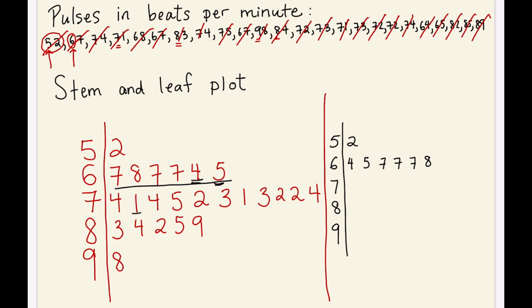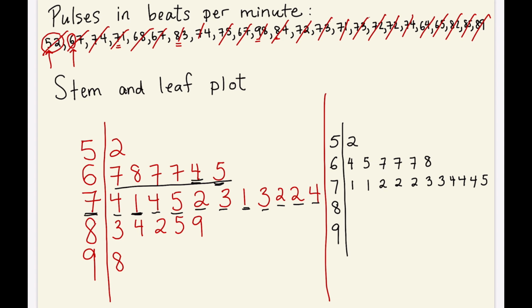For the 70s, the smallest value is 1, so I have 2 1s, 3 2s, 2 3s, 3 4s, and I have a 5.